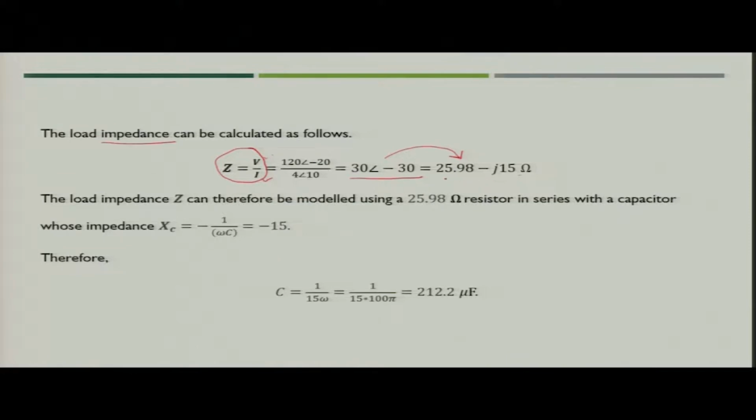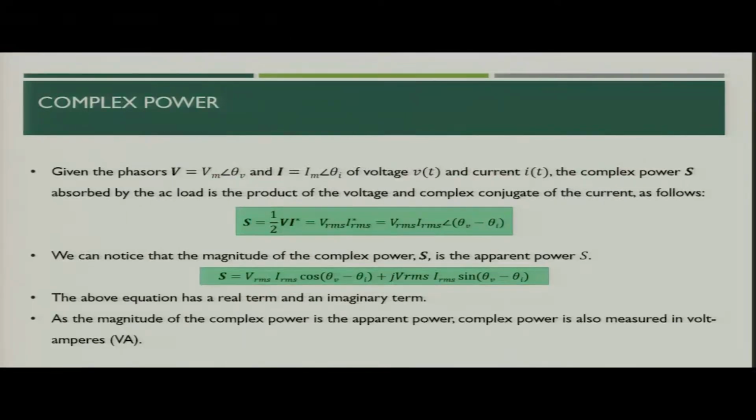If you correlate with the term R + jX, you will get that Z is composed of 25.98 ohm as a resistive load in series with a capacitor whose reactance Xc is equal to −15. Using this expression you can find the value of capacitance, which comes out to be 212.2 microfarad.